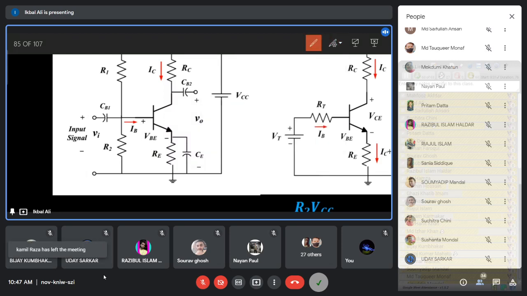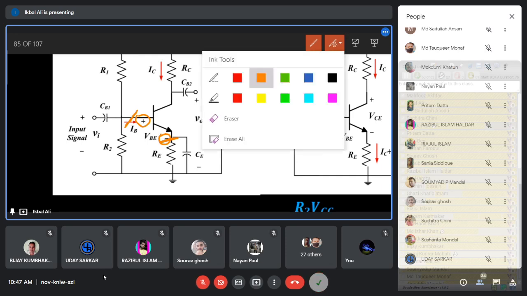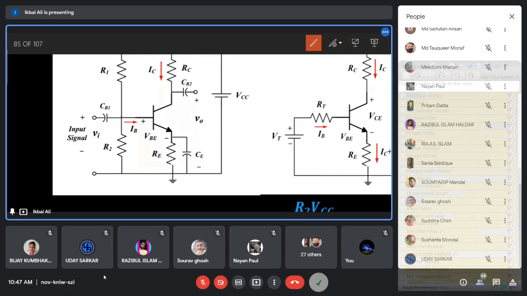Just you see that. Between base and emitter, you have a VBE, the forward bias base-emitter voltage. Plus is this side and minus is this side. So this is the forward bias base-emitter voltage, VBE. Now, the collector current is flowing through the RC resistance. This is the collector current.